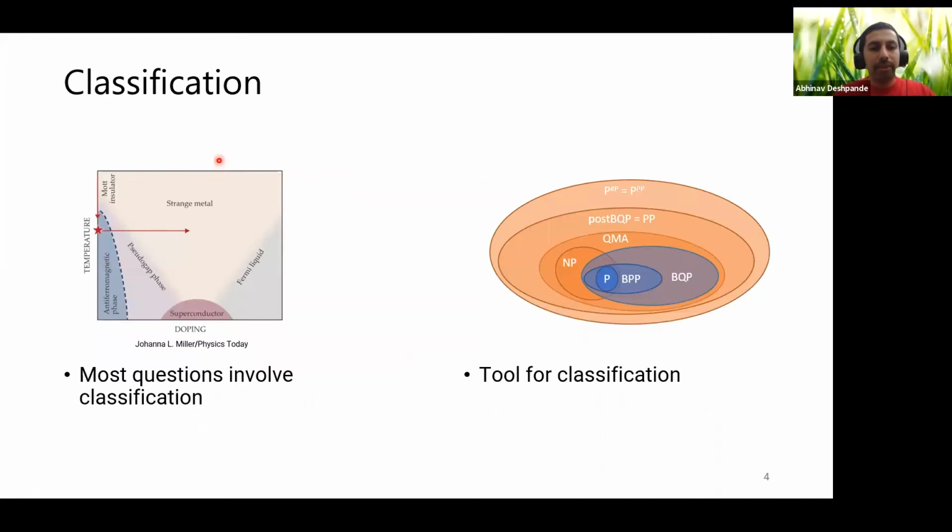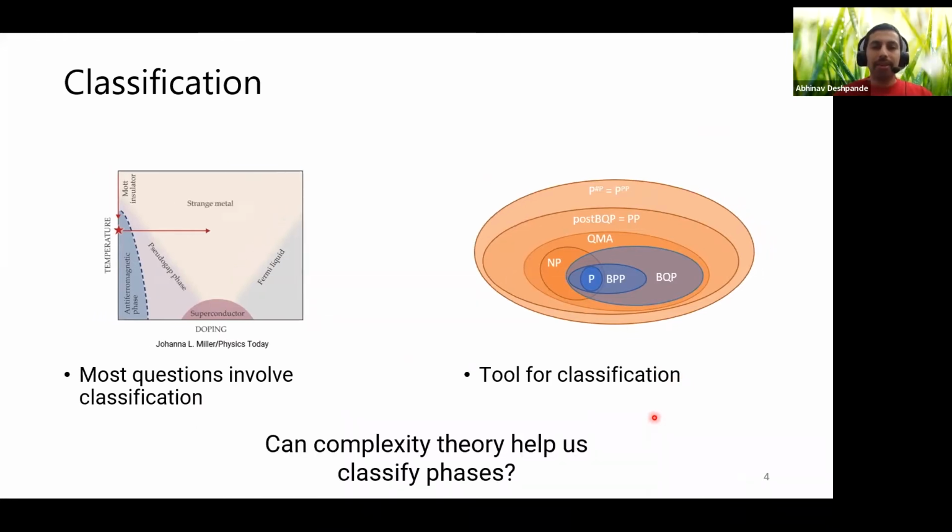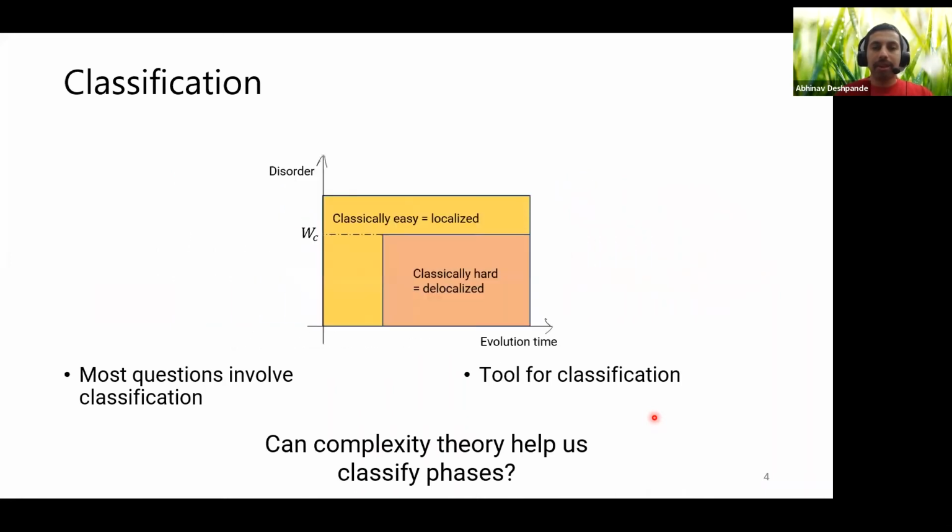So here's where we stand. On the one hand, we have condensed matter physics, where we like to draw phase diagrams such as this, and most questions involve classification. On the other hand, we have complexity theory, which gives us a tool for classification. So you might naturally ask whether it's possible to put the two together and draw, say, phase diagrams like this.